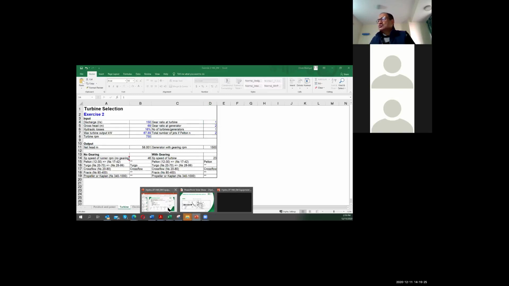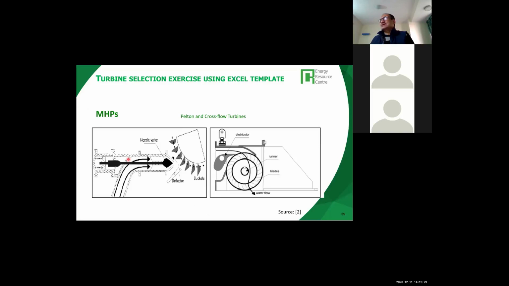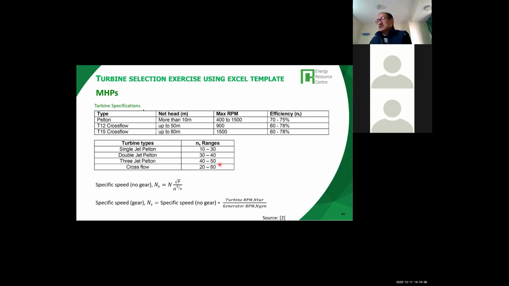I will also show you some calculations first. Basically, for micro hydro and mini hydro, either a Pelton or a cross flow turbine is preferred, as I mentioned. As you know, the Pelton has a maximum RPM of 400 to 1500. Efficiency is very low here, and this is the NS speed, the specific speed.